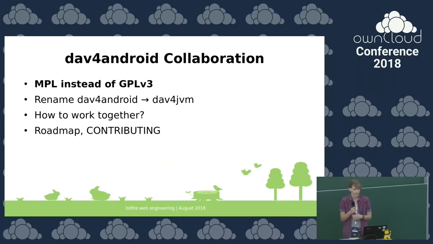We have changed the license from GPL version 3 to Mozilla Public License to make that possible, because the GPL did not allow to use the library in your closed version, I think. Yeah, the ownCloud app exists in 2 versions, and the library couldn't be used for the closed ownCloud app version.